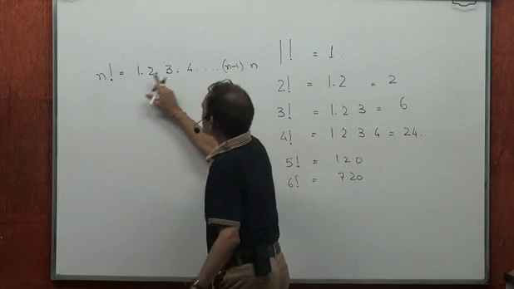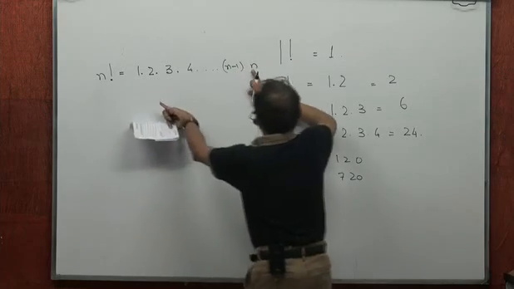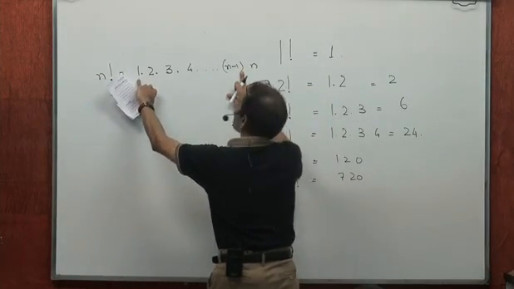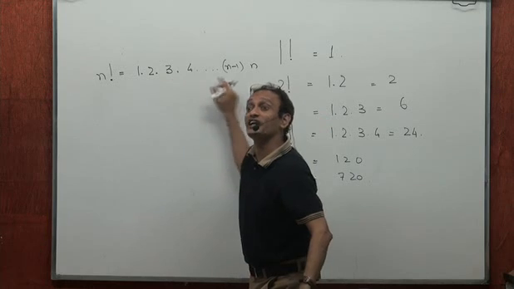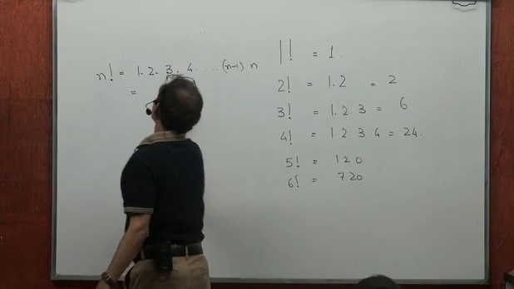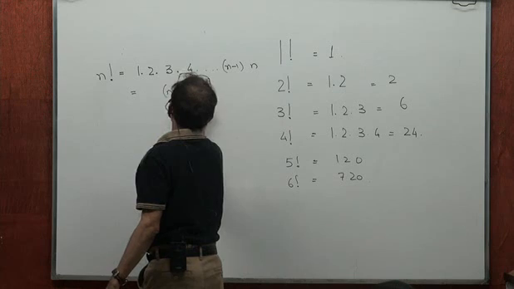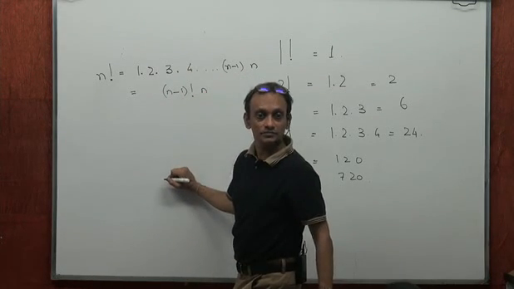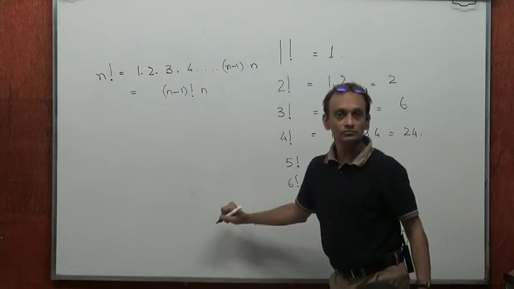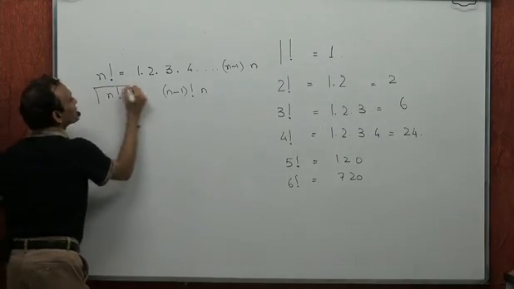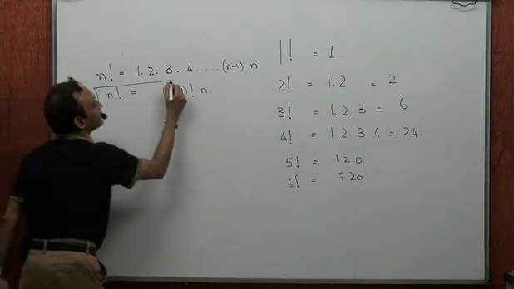Realize that if you exclude the last member here, then the first n minus 1 members form the product of the first n minus 1 natural numbers, which would be written as n minus 1 factorial into n. How about this? So n factorial could be written as n minus 1 factorial into n.